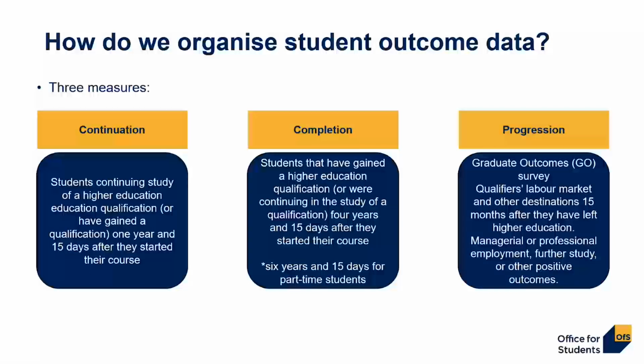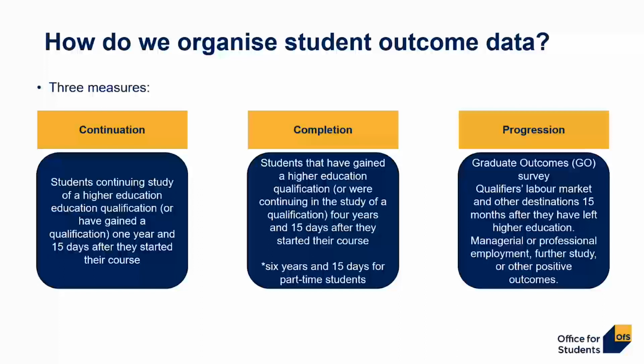Completion measures report the proportion of students that have gained a higher education qualification or were continuing in the study of a qualification 4 years and 15 days after they started their course, or 6 years and 15 days for part-time students.